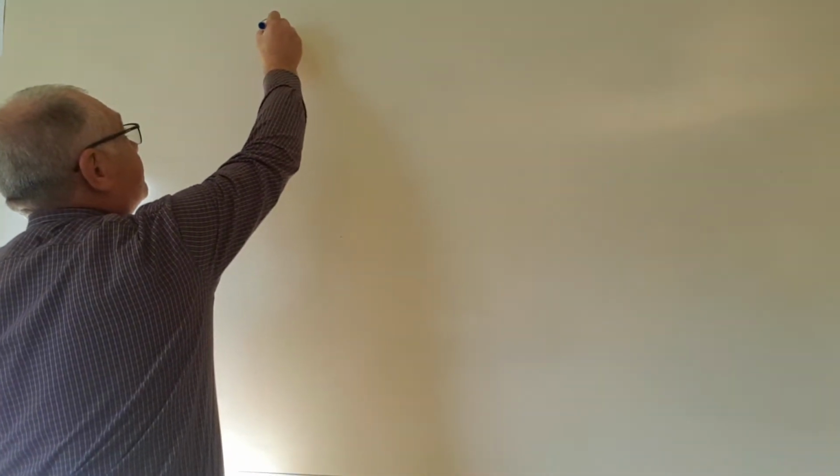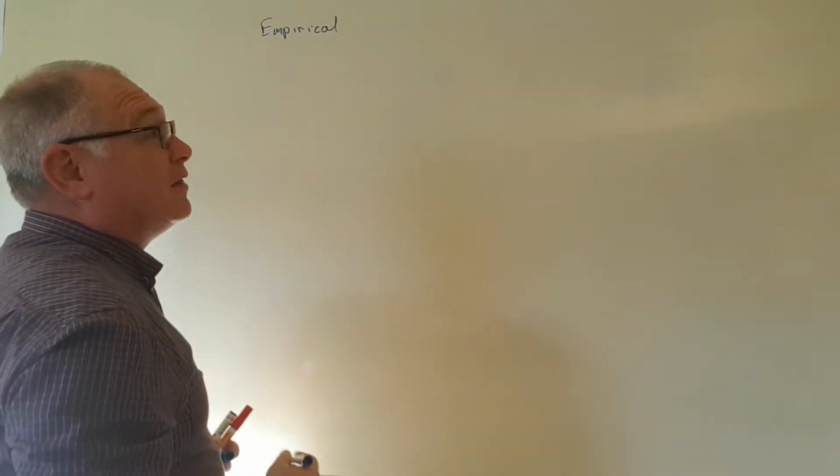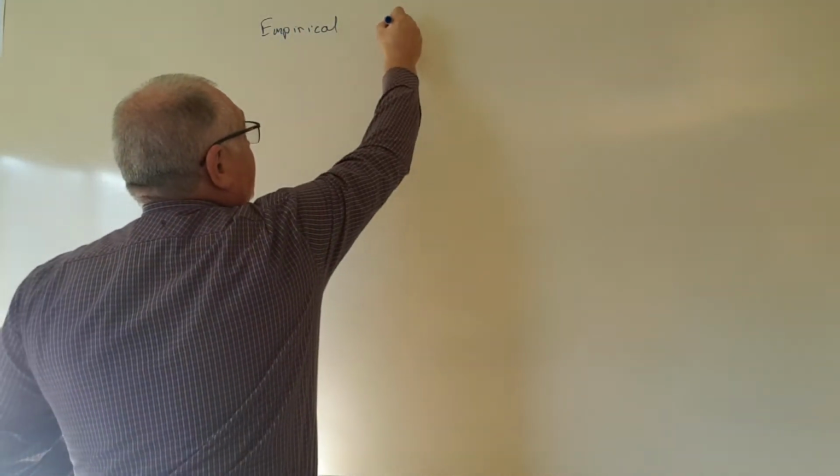The first thing I'd like to tell you is that there are different types of formulae. The first and simplest type is the empirical formula. Then we could have the molecular formula.